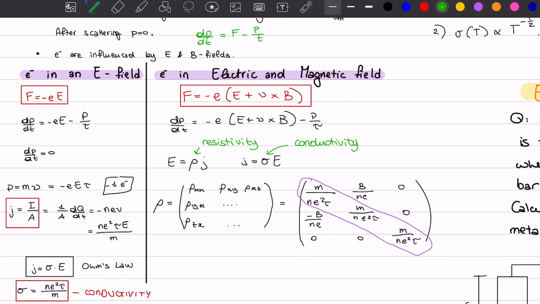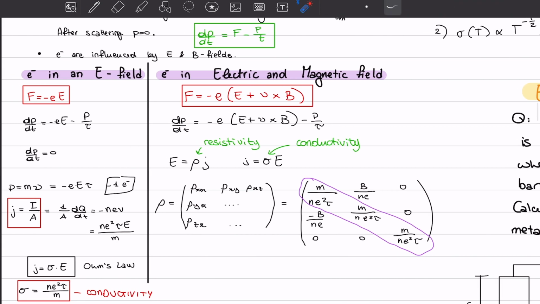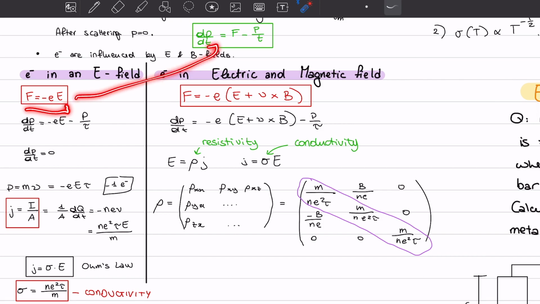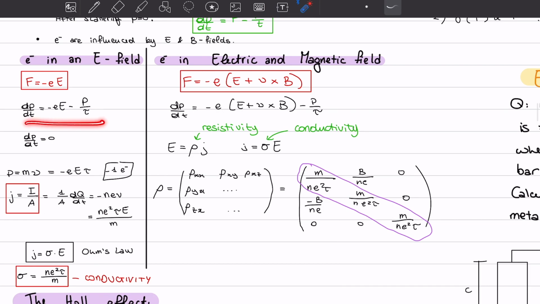Now, this equation is important because it's used both for electrons in only an electric field and for both electric and magnetic fields. So if we plug this equation into the F, we'll see that we get to this equation.